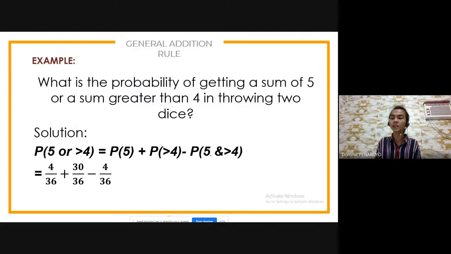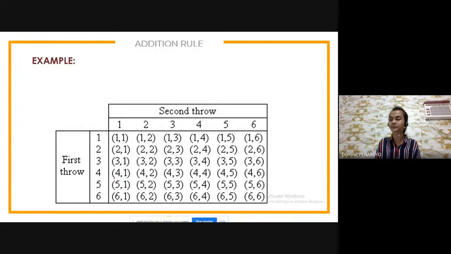So, we have here for the probability of getting a 5, kanina, na-compute natin that the probability is 4 over 36. And then, the probability of getting a sum that is greater than 4 is 30 over 36 minus 4 over 36. So, the answer for that is 30 over 36.